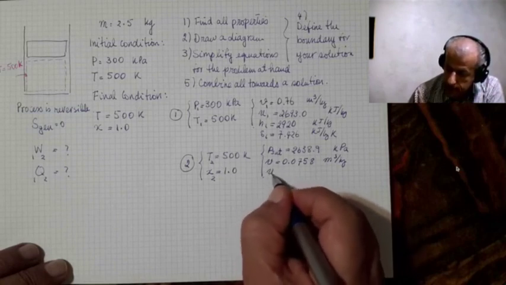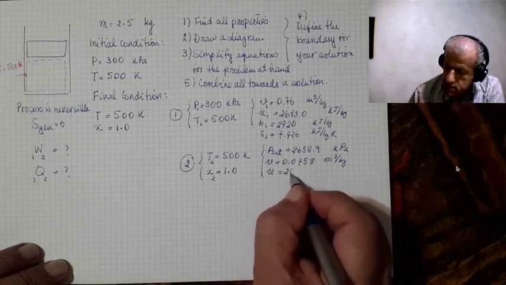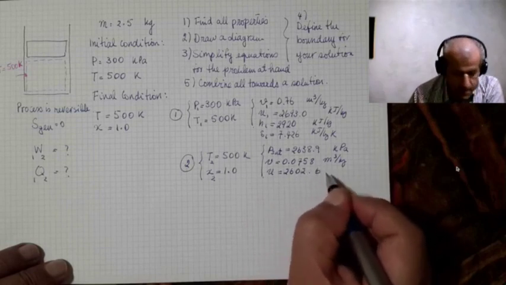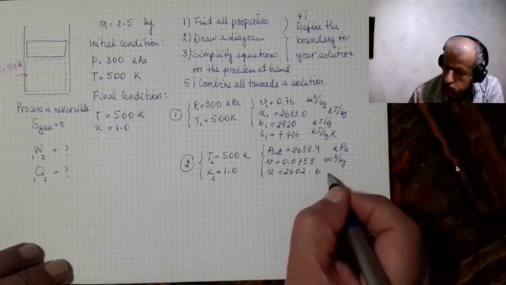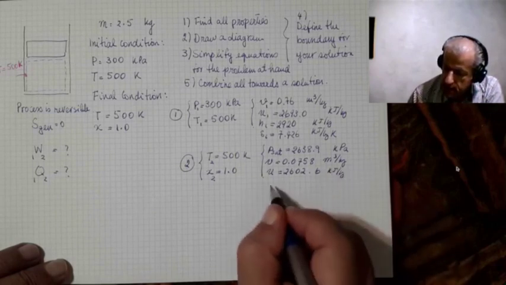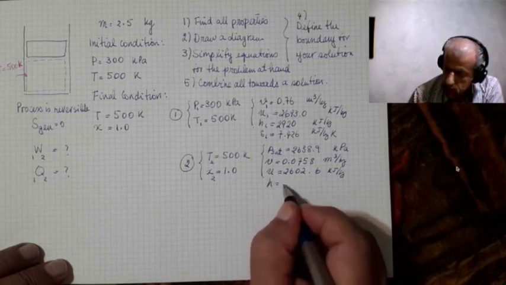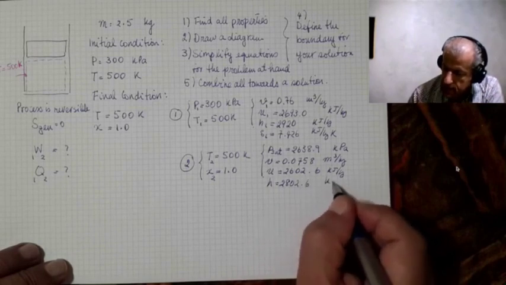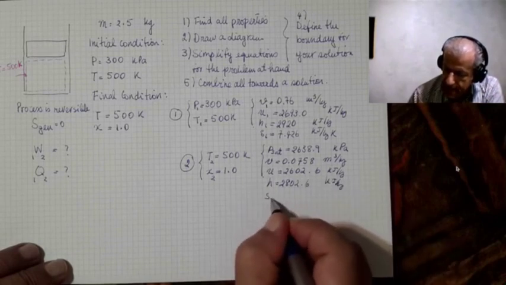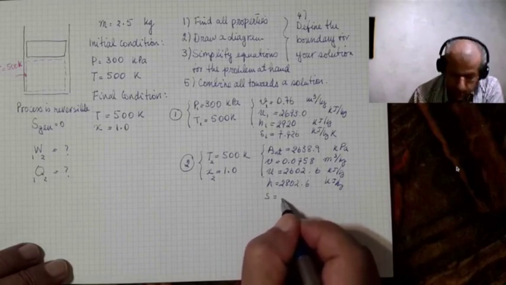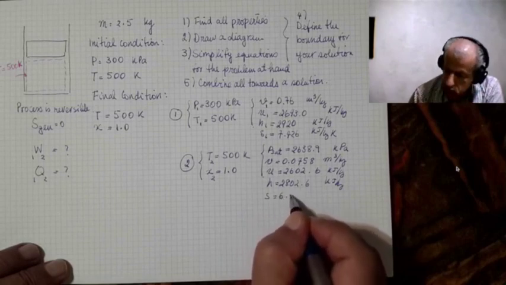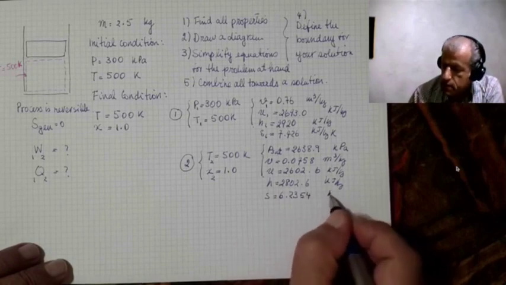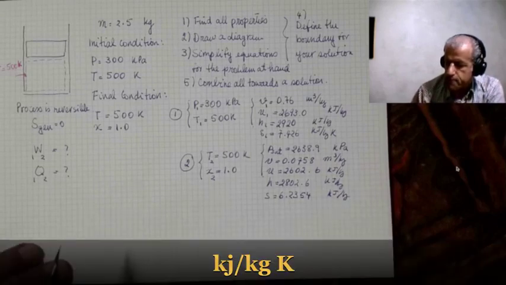U is 2602.6 kilojoules per kilogram. H is 2802.6 kilojoules per kilogram, and S entropy is 6.2354 kilojoules per kilogram Kelvin.